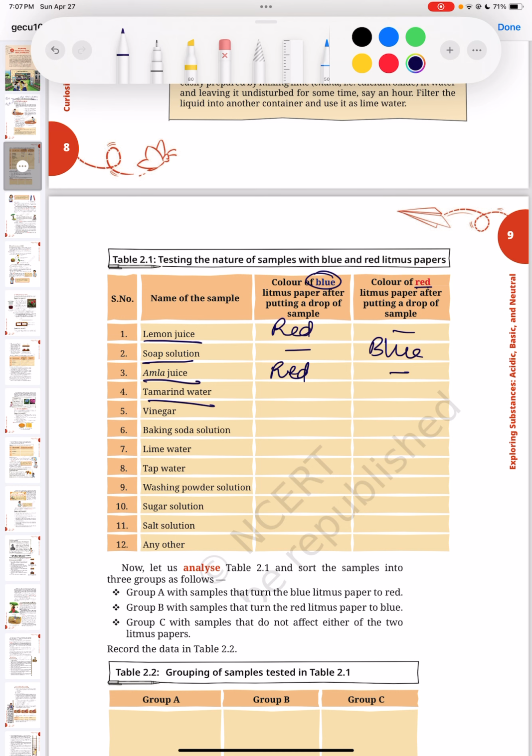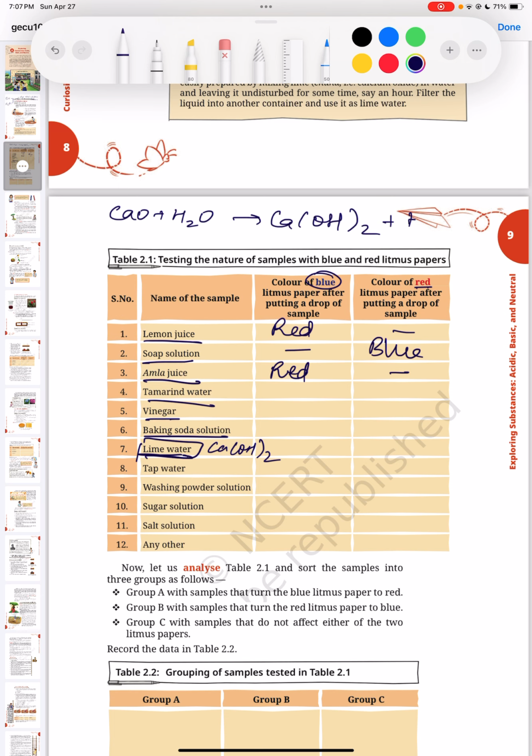Tamarind water is also an acid. Vinegar also contains acid. Baking soda solution contains base. Lime water. Now, what is lime water? Lime water is not the same as lime. Lime water is nothing but calcium hydroxide, and you obtain this when you add calcium oxide to water. This is a very vigorous reaction.